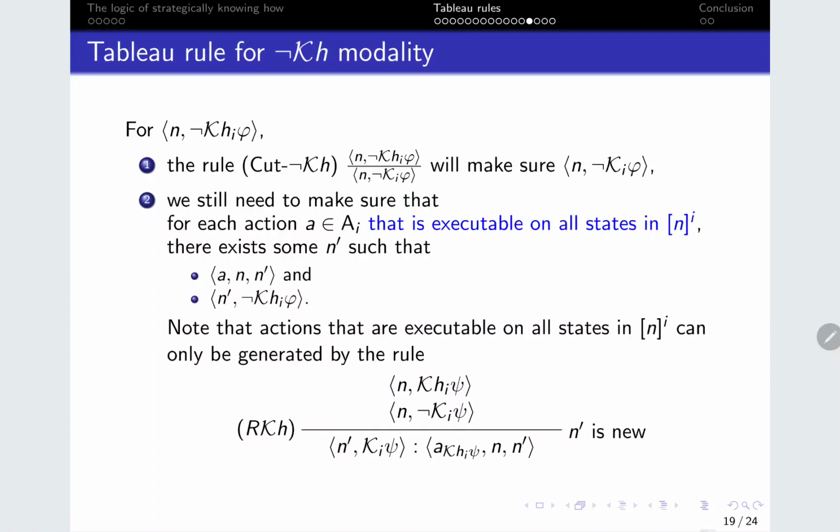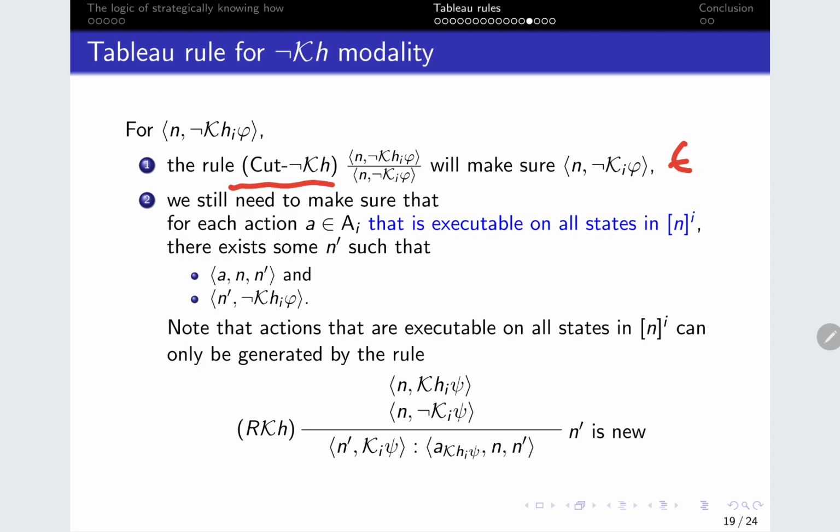For the first condition, it can be guaranteed by the cut negation know-how rule, because for the cut negation know-how, we already have the not know-how phi labeled on N. So this means the empty strategy will not be a good strategy.